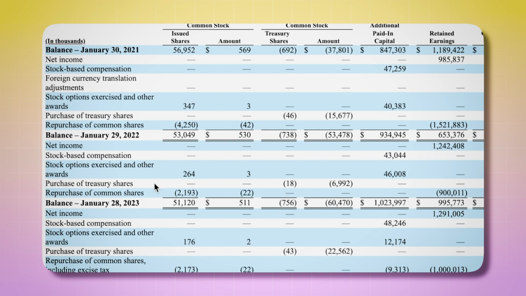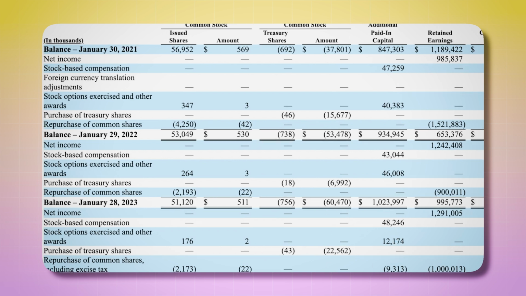You can see Ulta's net income, stock comp, stock options exercised, and other awards, the purchase of treasury shares. We haven't gone over that today, but I will in another video, and the repurchase of common shares. Now you can see how these transactions either increase or decrease the balance in the consolidated statements of shareholders' equity.